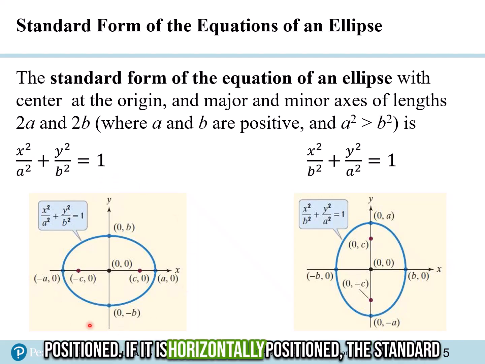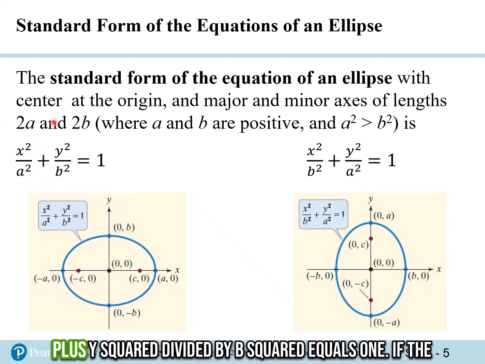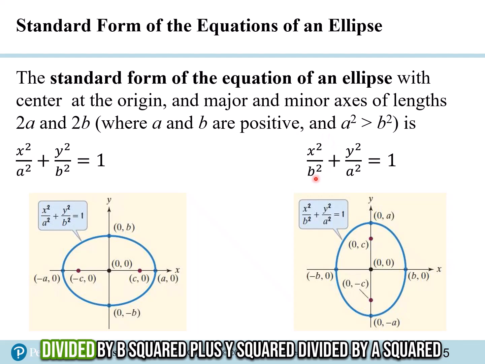If it is horizontally positioned, the standard form of the equation is x squared divided by a squared plus y squared divided by b squared equals 1. If the positioning is vertical, then the equation is x squared divided by b squared plus y squared divided by a squared equals 1.